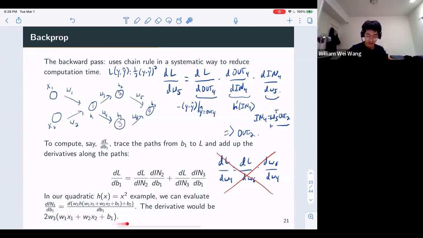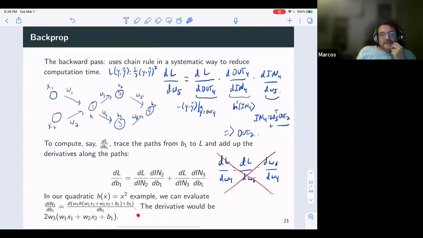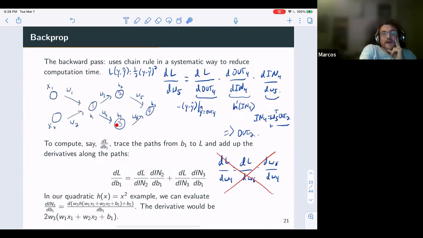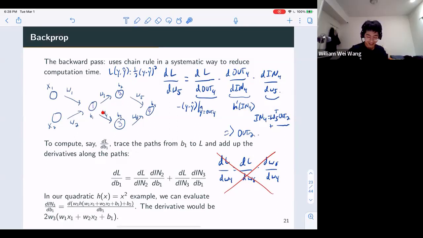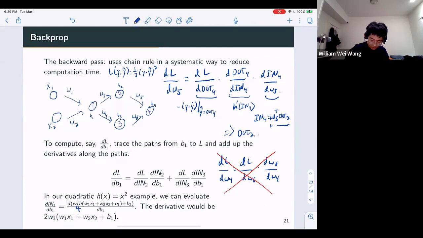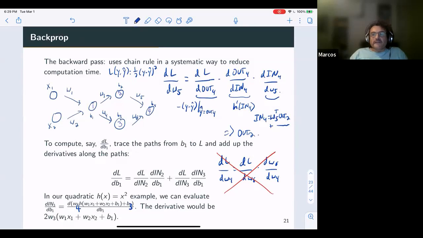Oh, you mean in this one? Yes, in the derivative of neuron 3, the input to neuron 3, this is the B1. Yes, it has weight 4 and bias. Oh, and bias, yeah. You must change the numbers. Yeah, you're right. So this should be 4 and this should be 3, is what you're saying, right? Yes. Good catch. Thanks.